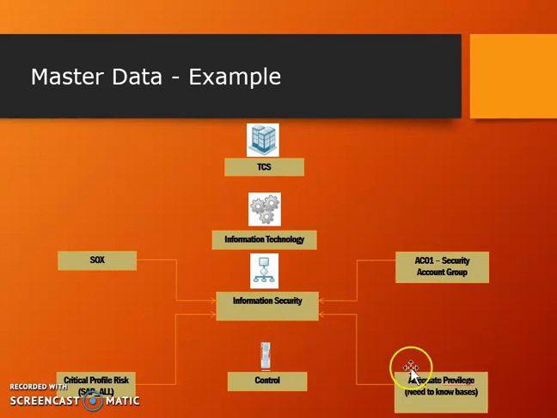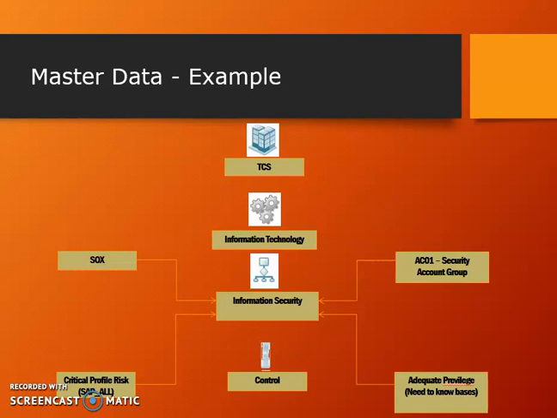Then we need to create a control, and before the control we need to create a control objective. What is the objective of that control? The control objective can be adequate privilege. This is an excessive privilege, so the objective is to make it adequate, a need-to-know basis privilege. Then we create a control where we say no person should have SAP_ALL, and it should be tested on a time-to-time basis.